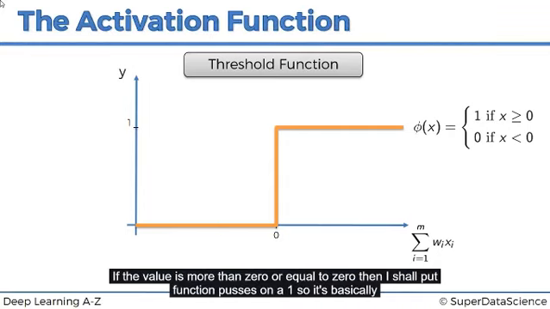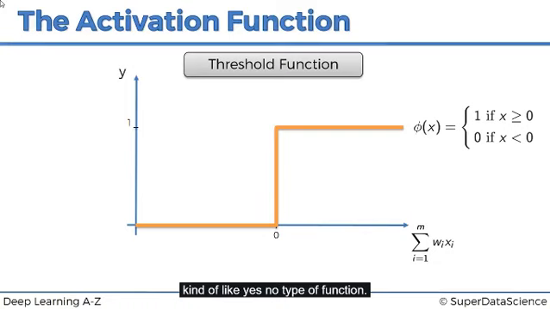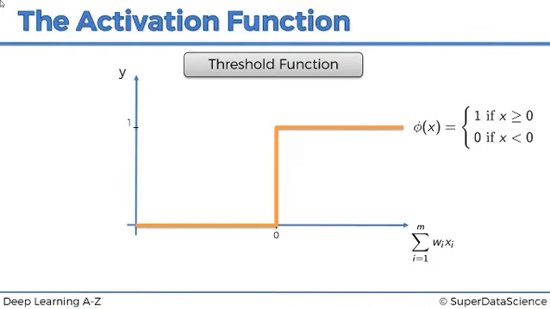If the value is more than 0 or equal to 0, then the threshold function passes on a 1. So it's basically a yes-no type of function, very straightforward, very rigid, either yes or no, no other options. So there you go, that's how it works.